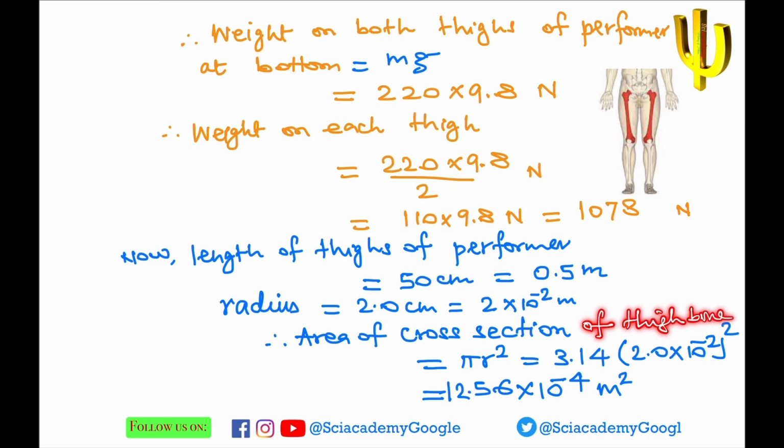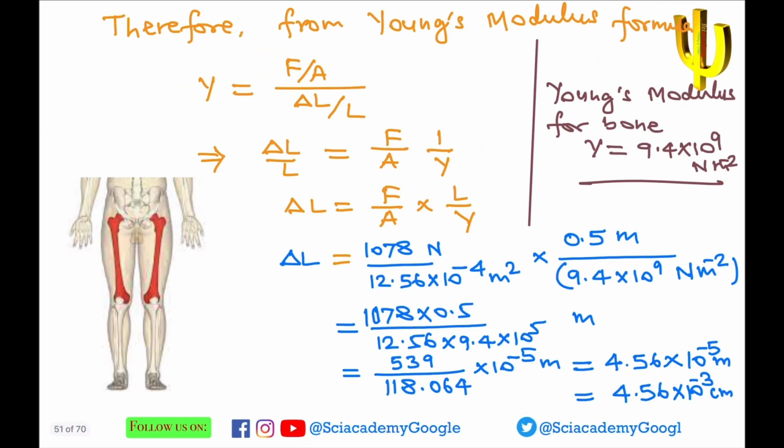So the area of the cross section of the thigh bone is equal to pi r square. Substituting the values for pi and the radius of the thigh bone and taking the square of this value, we get this meter square. Now we will calculate from the Young's modulus formula, Y is equal to stress by strain.